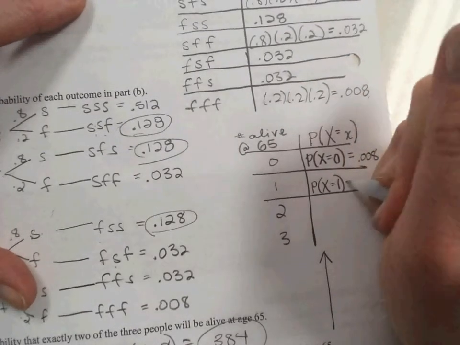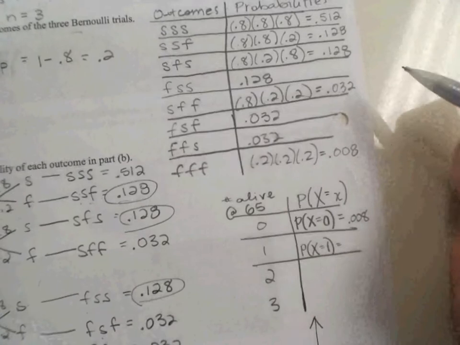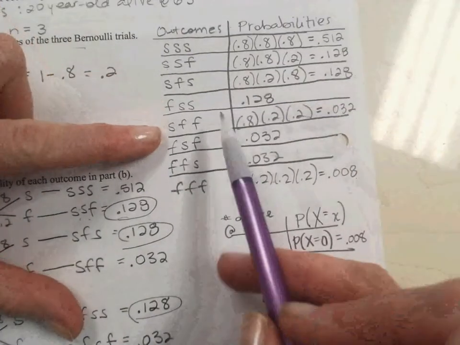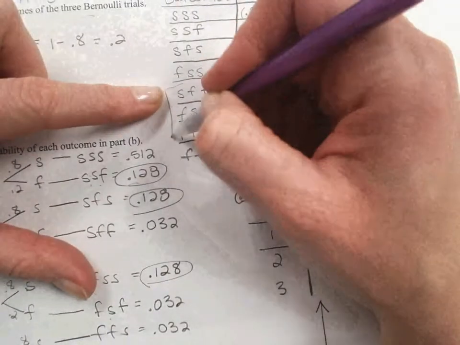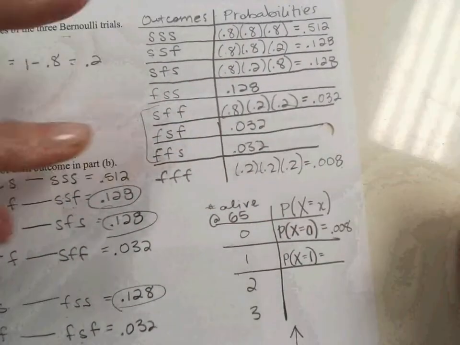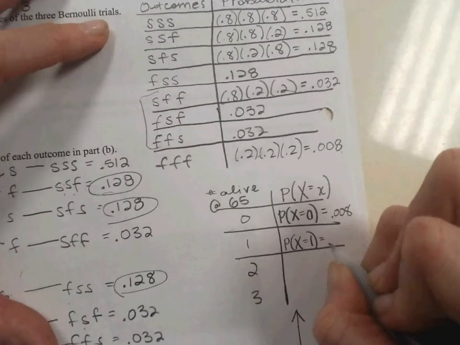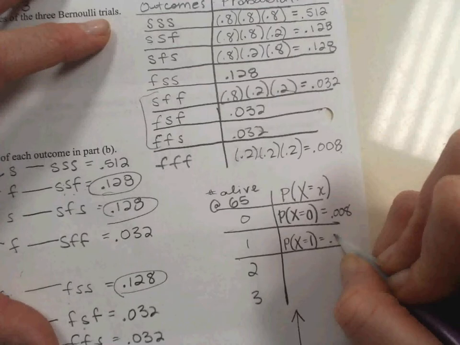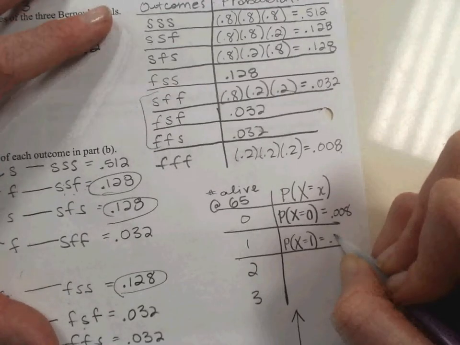The probability that X equals 1, we'd have to find all the ways that there's just one success. So that's these three right here. So it's the 0.032 times 3, which is 0.096.